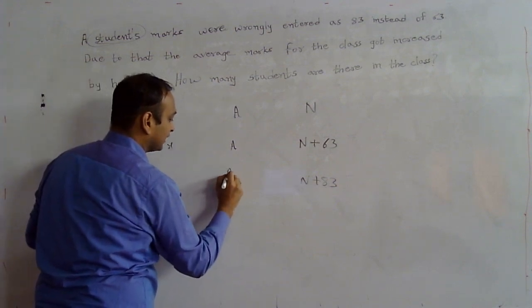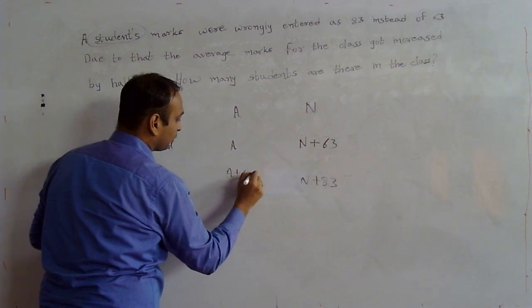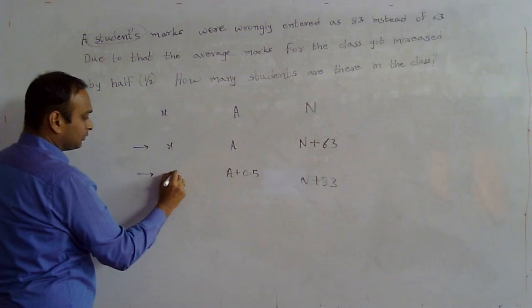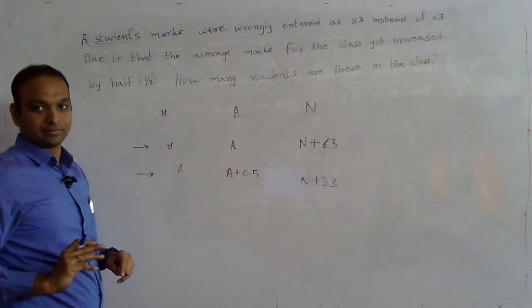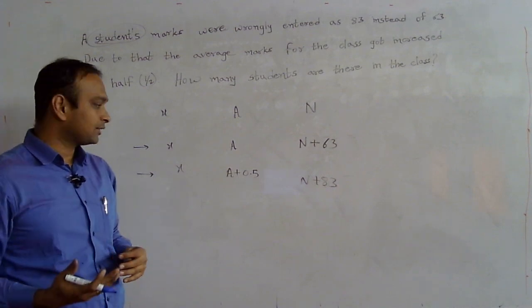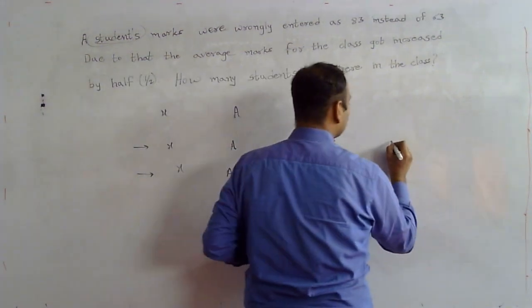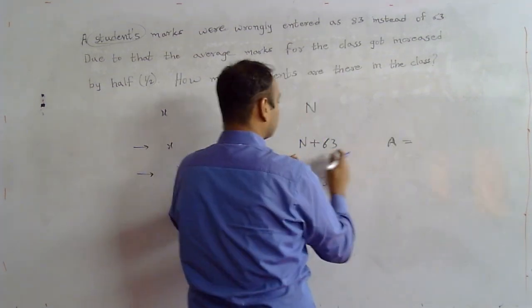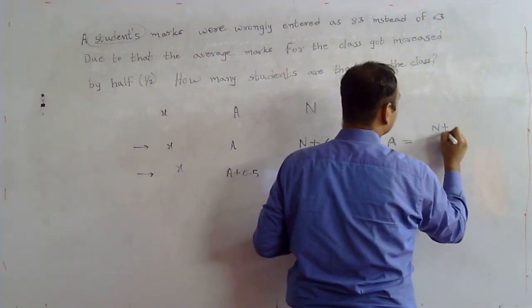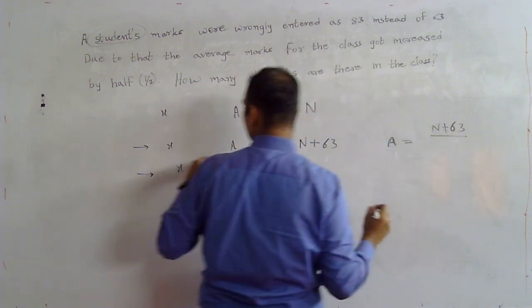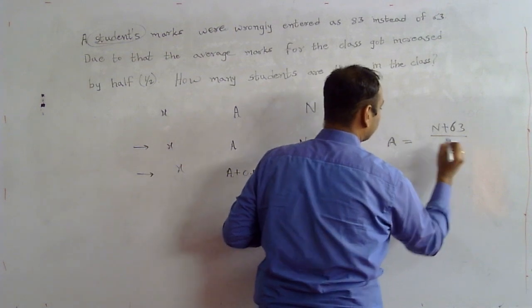So here we can consider A plus 1 by 2, or 0.5 as you find suitable, and the number of students is going to remain as it is. X will remain as it is. Now what is our formula? Let's use the formula. Average A is equal to the total marks N plus 63 divided by the number of students, which is X.